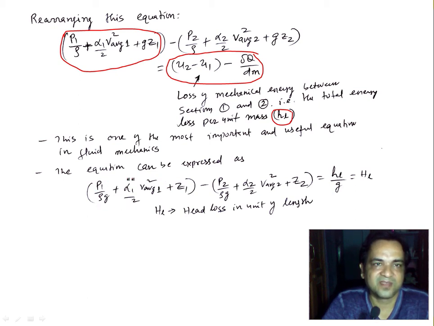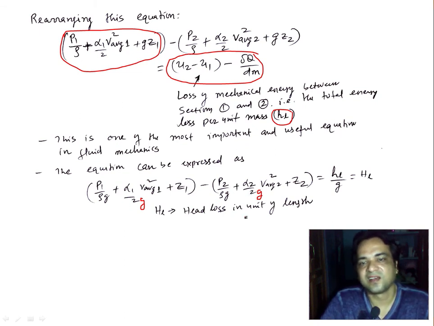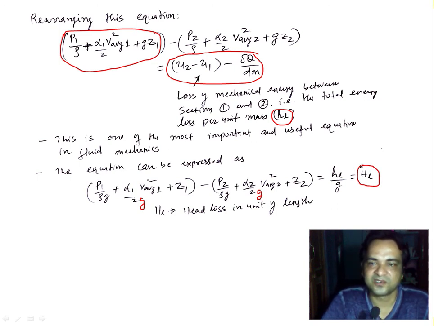Similarly, the second term is again divided by g, and the other terms also get divided by g. You divide this quantity by g as well. All the terms will then be in units of length, and also hL by g, which will be capital HL. Capital HL is the loss in terms of unit of length, the head loss.